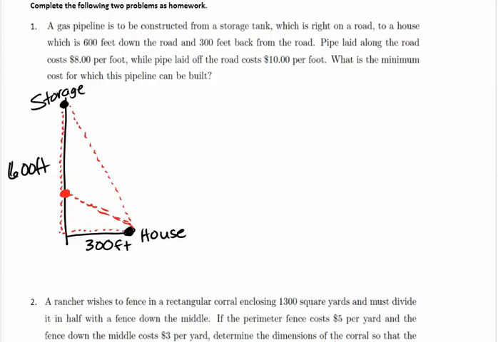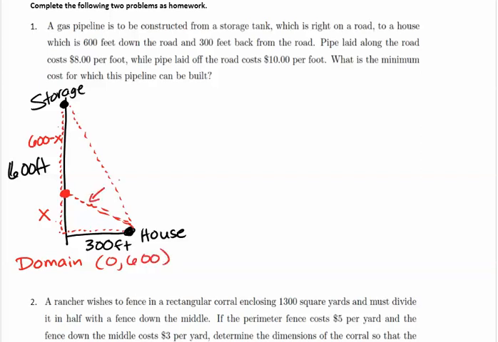So to cover all of our bases here, we could pick either x for this distance and 600 minus x for this distance, or the other way around. So either way, we know that these two distances add up to 600. So our domain right away, our possibilities for x could go anywhere from 0 to 600.